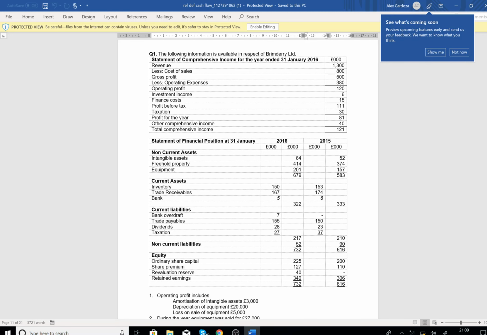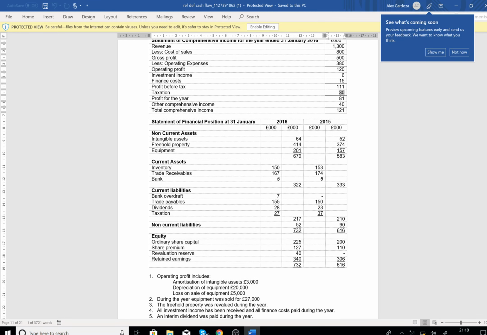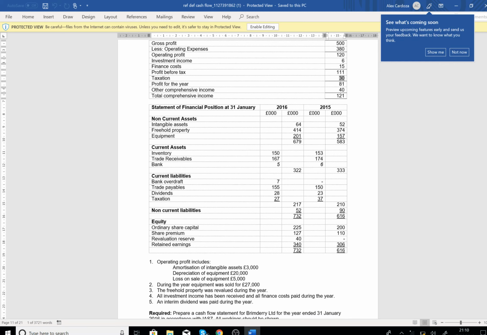So it should be on the balance sheet because you won't pay this year's income tax, which is 30.